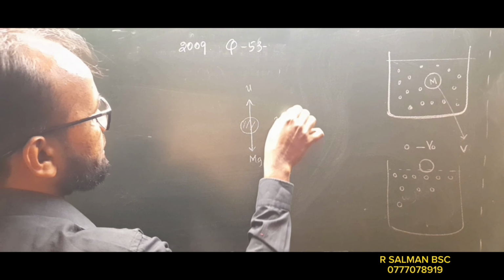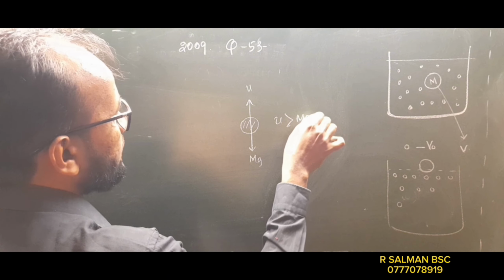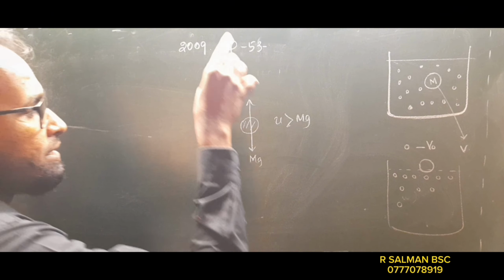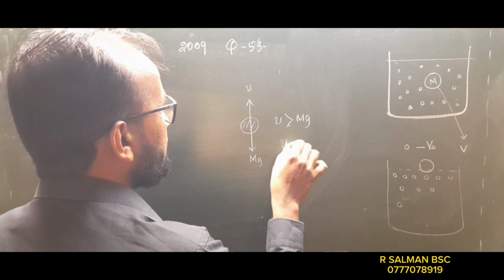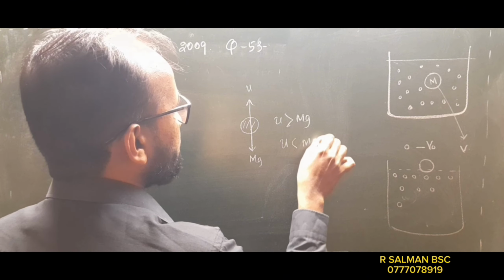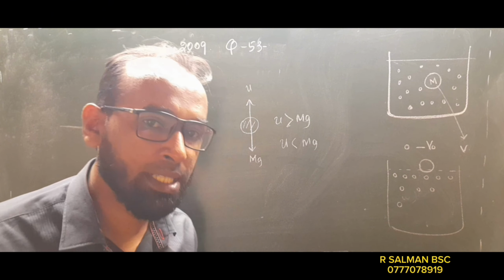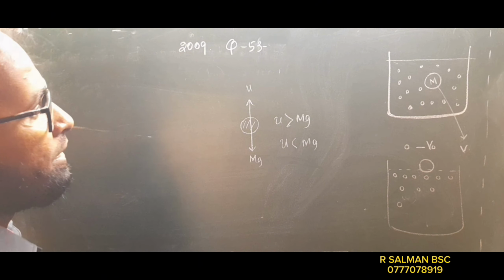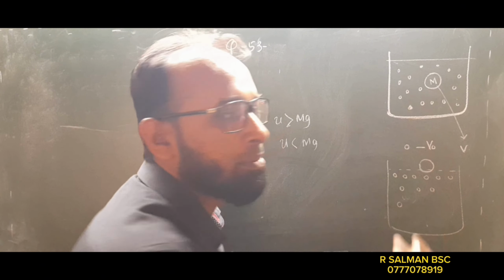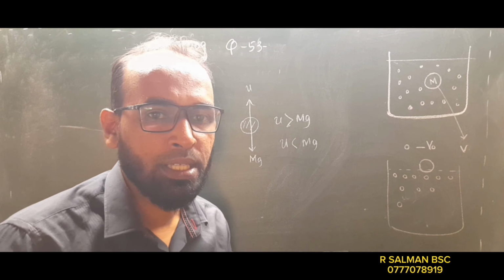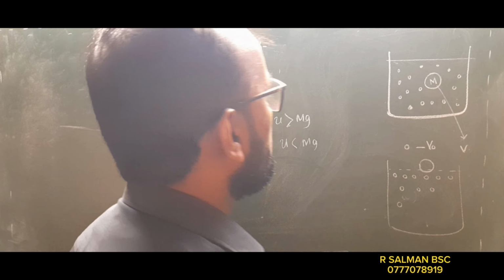If the upthrust is greater than the weight, then the object will move up. If it works the other way, the upthrust is less than the weight, and definitely it goes in. Now it is already in this stage. You have to move it up.